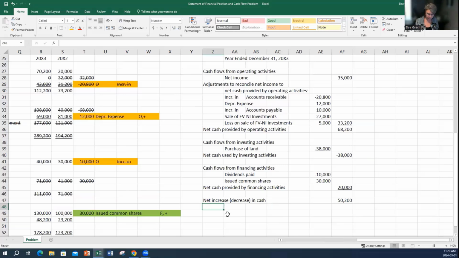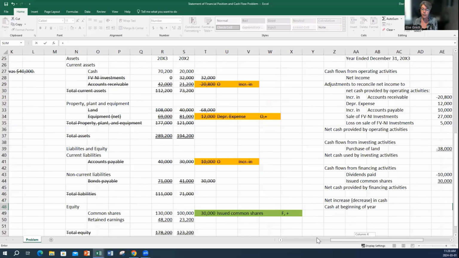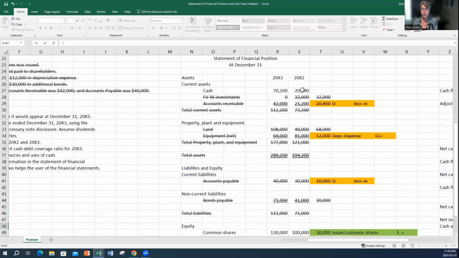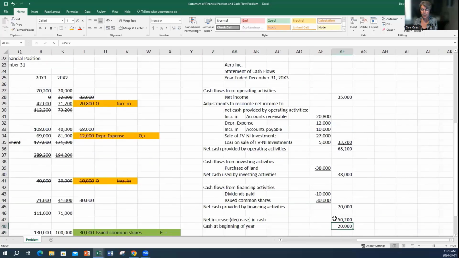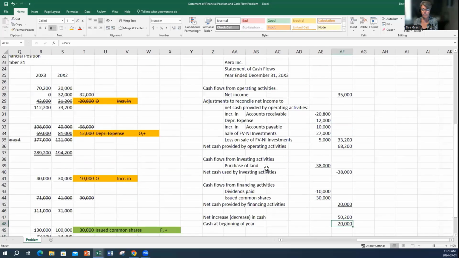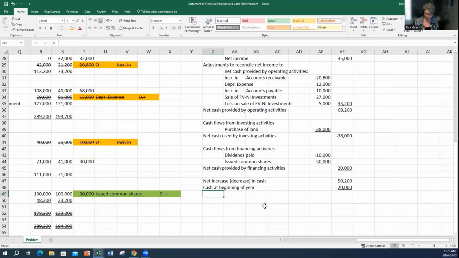I have to have the cash at beginning of year. And I get this from my statement of financial position. Cash at the beginning of the year was 20,000. There we go. And this will be cash at end of year.